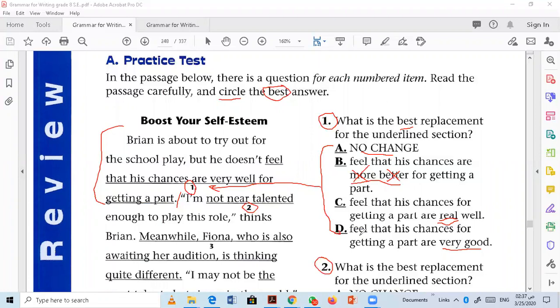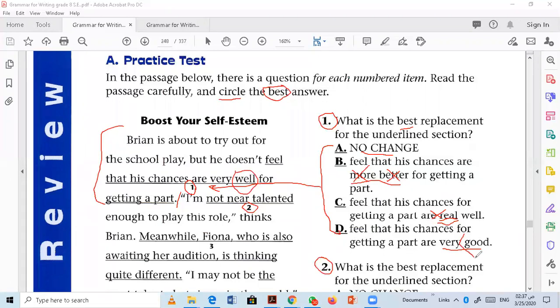D, feel that his chances for getting a part are very good. Here it says very well, and here very good. Can I say very well or very good? His chances are very well. His chances are very good. Which one is correct? Of course, the difference here is the word well.